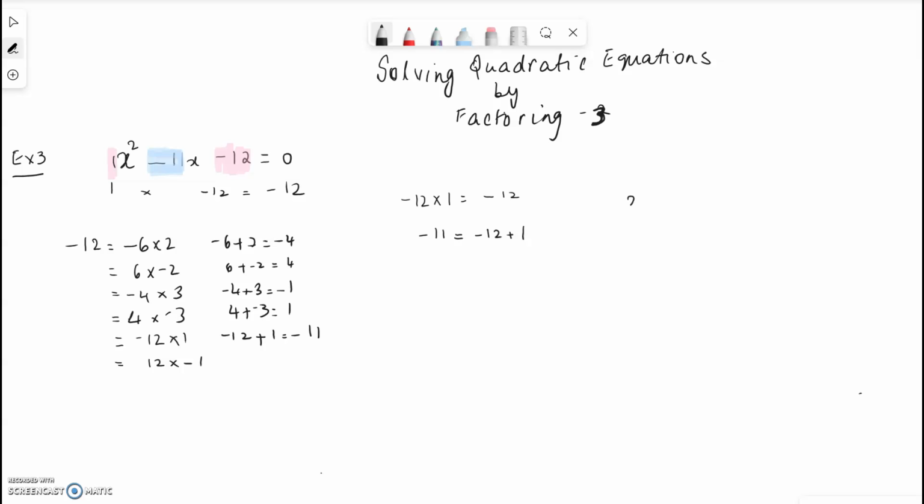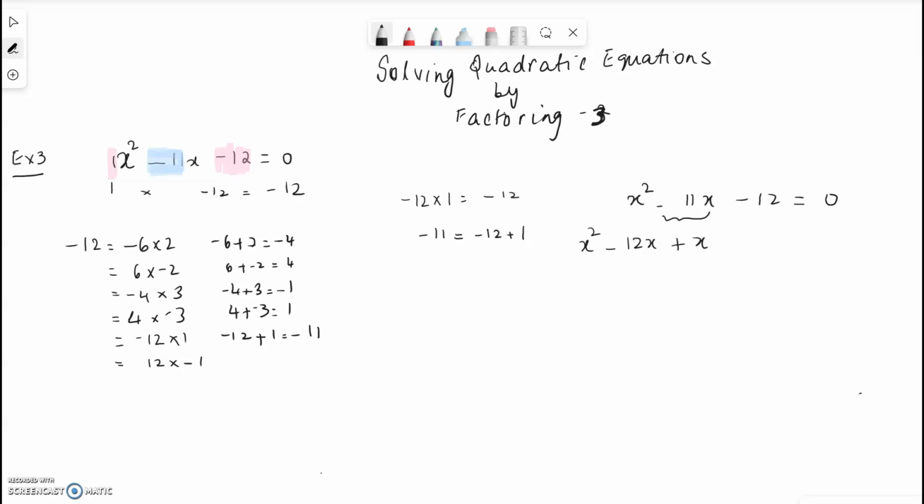So now let's look at the equation. X squared minus 11x minus 12 equals 0. Now we're going to split the middle term as the sum of the two factors, which is negative 12x plus 1x, which is x.